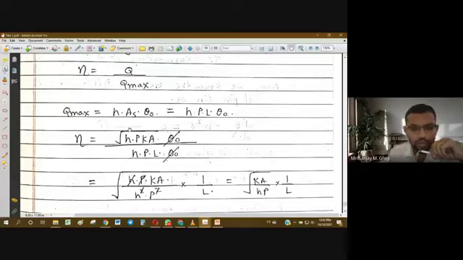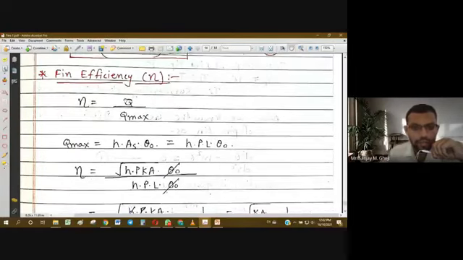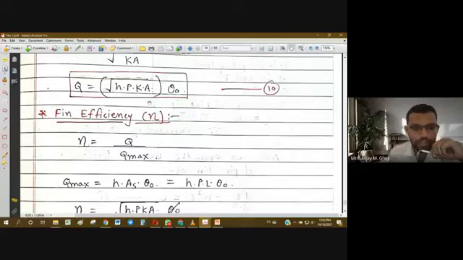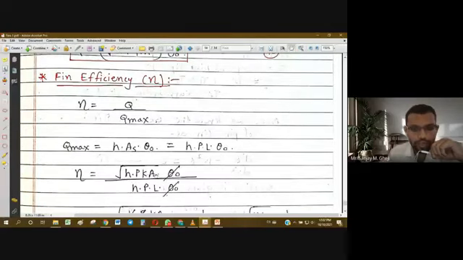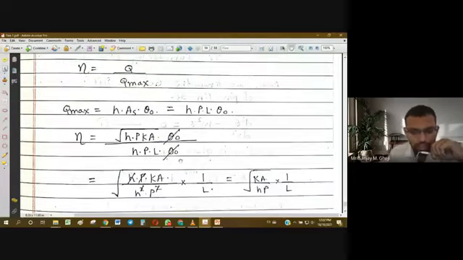Efficiency equal to under root HP upon K, this is my actual rate of heat transfer, which is coming from this formula. So under root HP upon K into theta 0 divided by Q max, which is HPL into theta 0. So theta 0 will get cancelled out. Some common terms we will cancel from this. We will take this h and p in the root, so it will be h square and p square. So one of the h and p will get cancelled out.